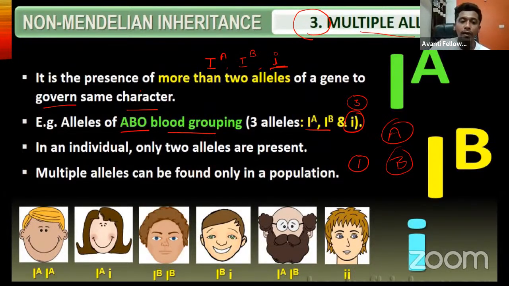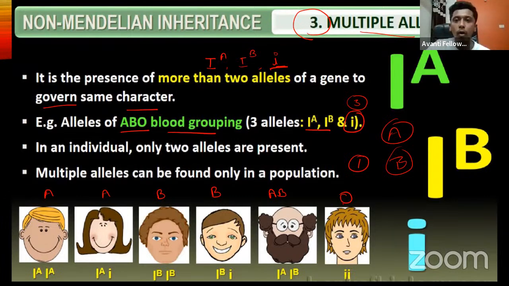But if I take a group, where one person has A blood group, another also has A, then we have B, AB, and O, now I will know who is homozygous, who is heterozygous, who is codominant and who is recessive.